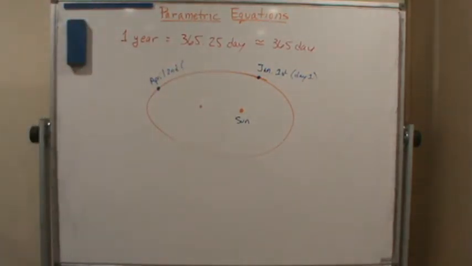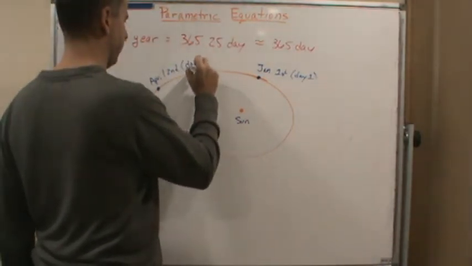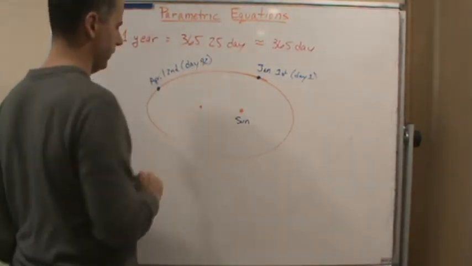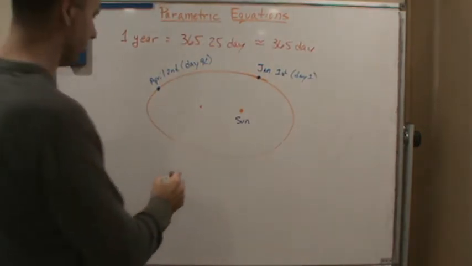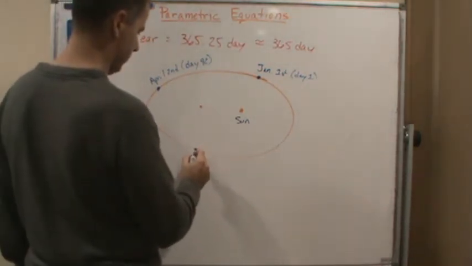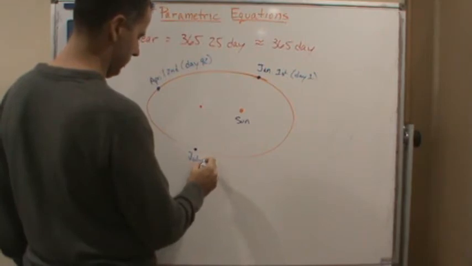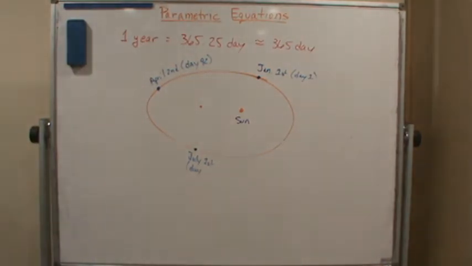That's going to be day 92. And then let's say July 1st, which is day 182.